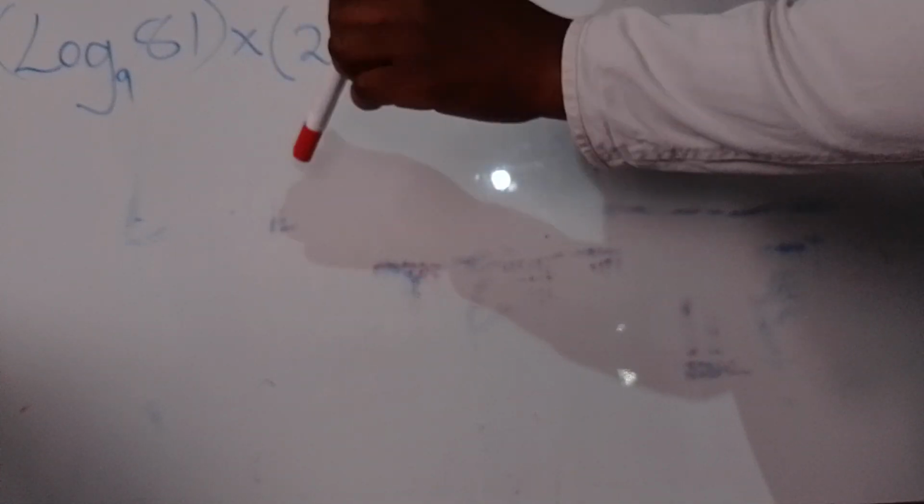So 9 to the power 2 is equal to 81. So the logarithm of 81 to base 9 is 2.